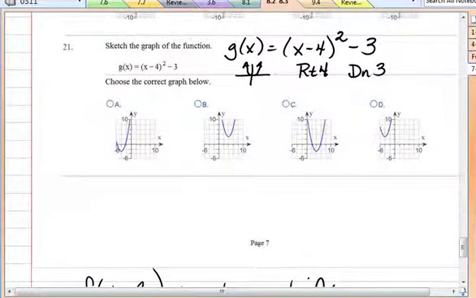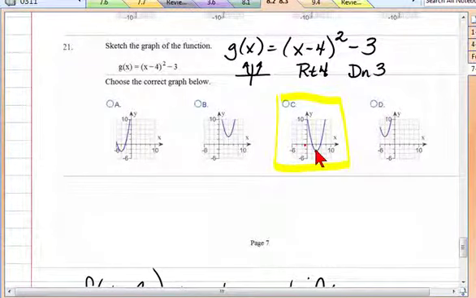It is choice C. If you were to look at that bottom point, it has changed from being at 0, 0 to right 4, down 3. So you could have multiple transformations.